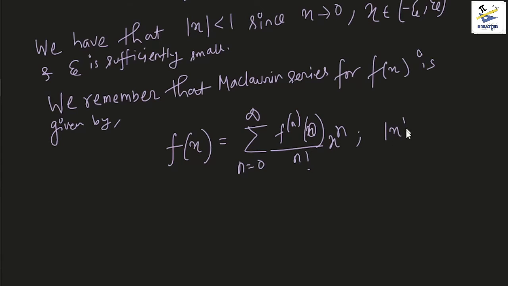And here we have mod x less than 1, since we are trying to find it for logarithm of 1 plus x, which is only defined for minus 1 less than x less than 1.